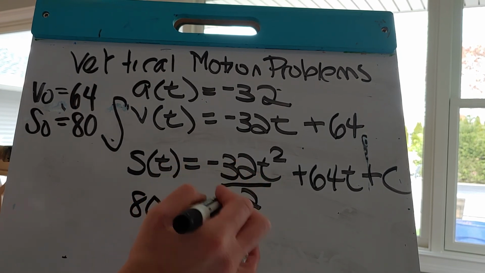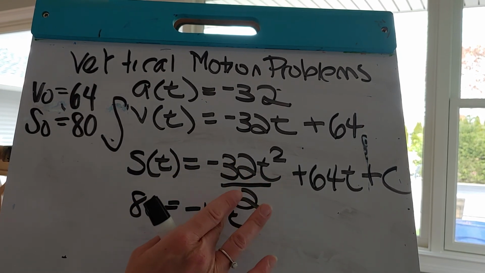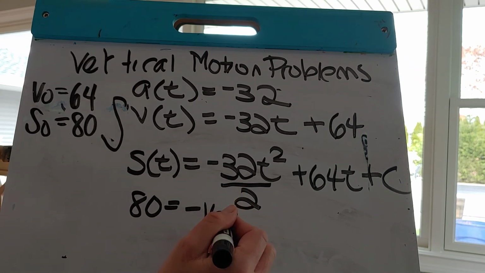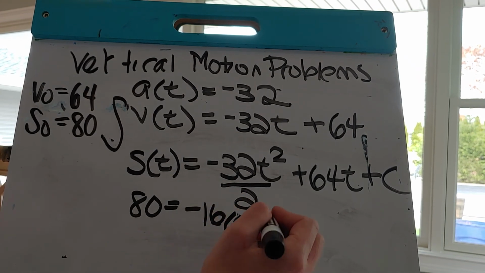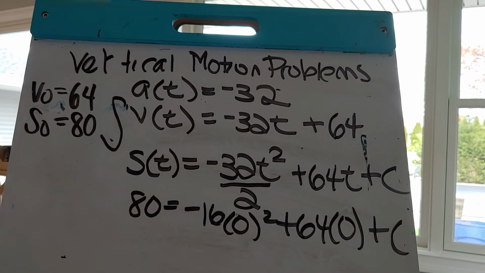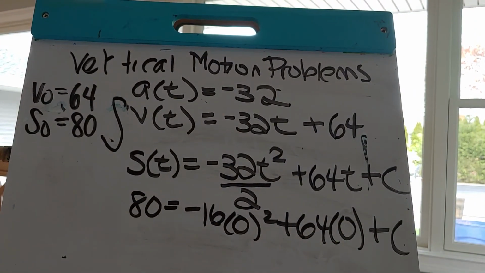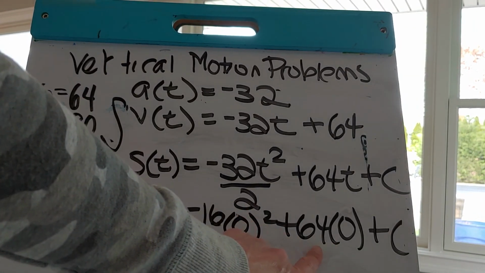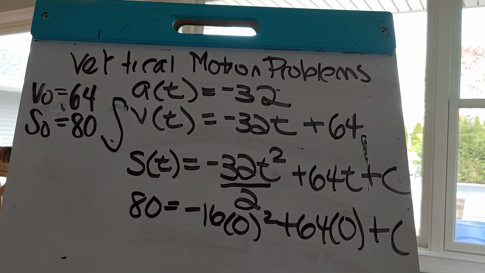I'm just going to divide negative 32 by 2, so I get negative 16 times 0 squared plus 64 times 0 plus C. Now if I solve this, this becomes 0, this becomes 0, so I just get C equals 80.